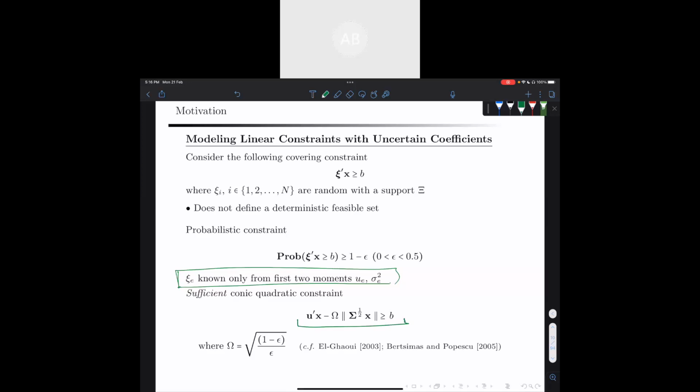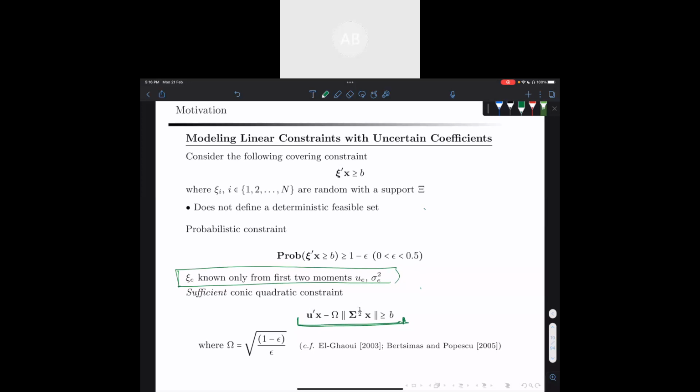So even in that case, we have a similar looking set. In the first case, where psi was distributed normally, your omega was negative CDF inverse with respect to epsilon. And now it's a different scaling parameter. So when you know psi through only the first couple of moments, your omega is defined as this new scalar parameter. But it turns out that this constraint here provides an inner approximation of this constraint.